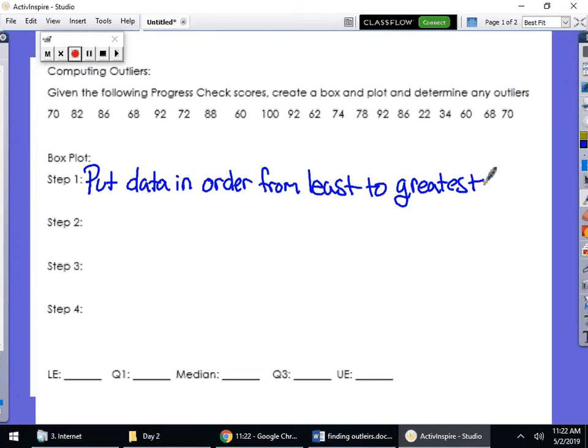So we look at our data and we find our lowest value. So up here the lowest value would be 22 and then 34. So we have 22, 34, with no 40s.